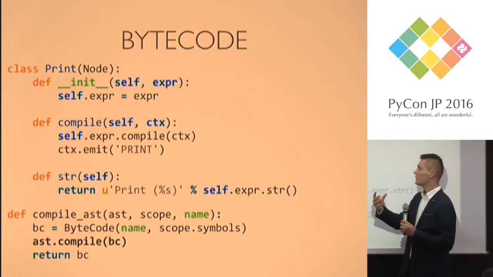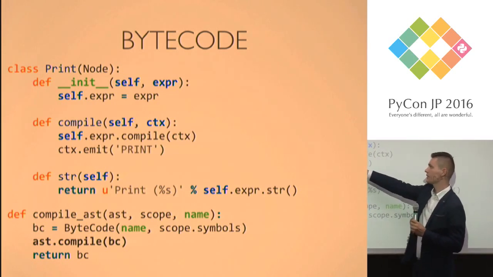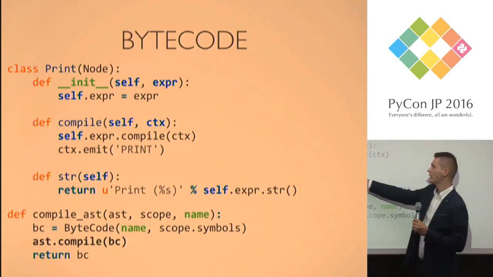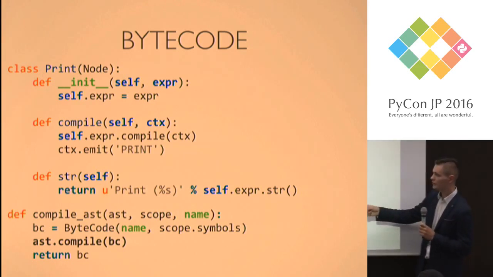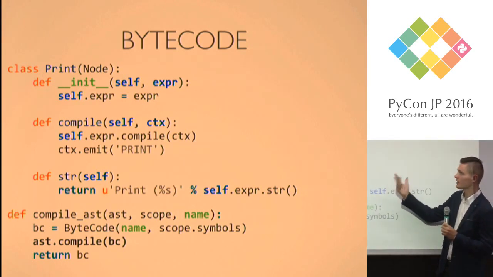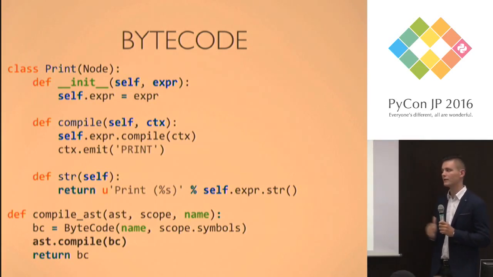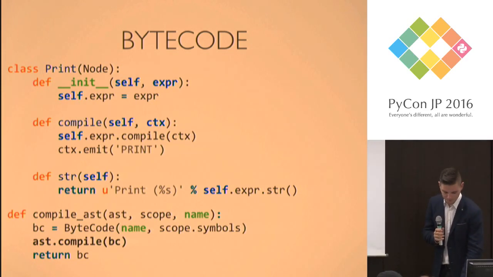So print will have usually a variable or a function call. So the first thing I'm doing is calling its print, so it's a recursive function. And then I'm emitting print bytecode. So the end result of this, again, recursive bytecode generation will be the same list I've showed before, just a bunch of emitted bytecodes with their own arguments.